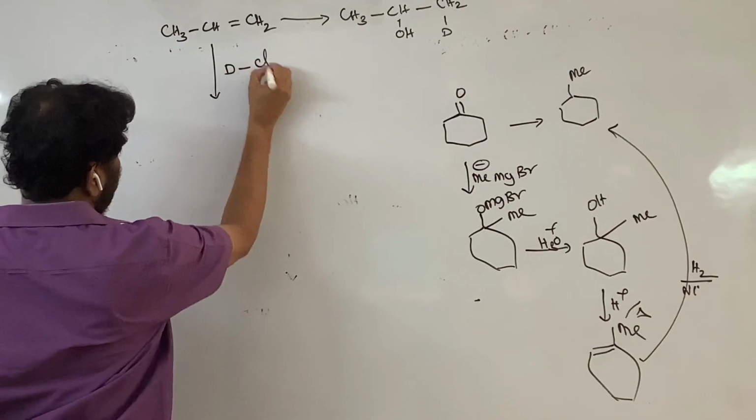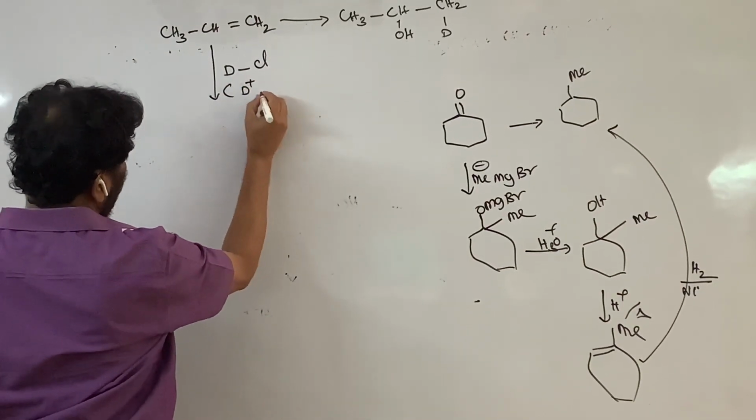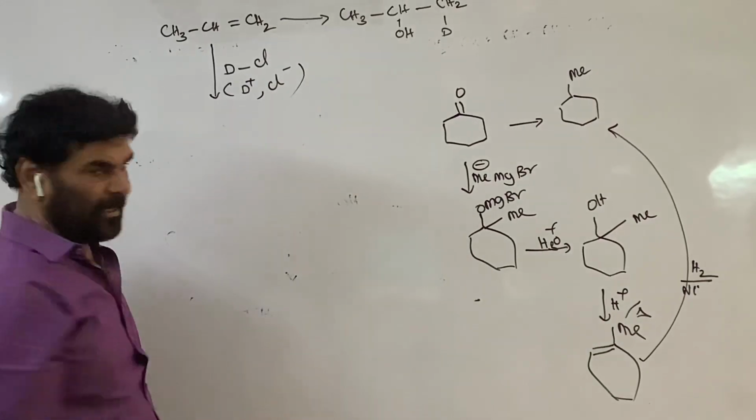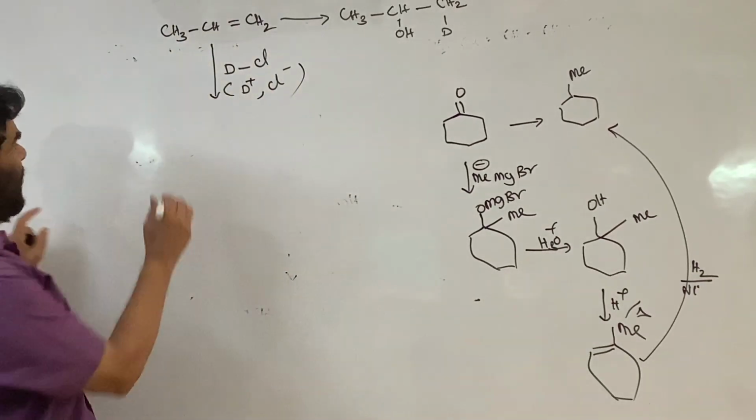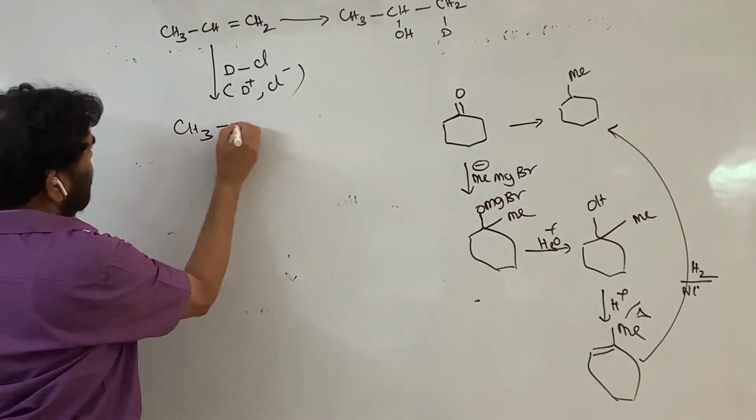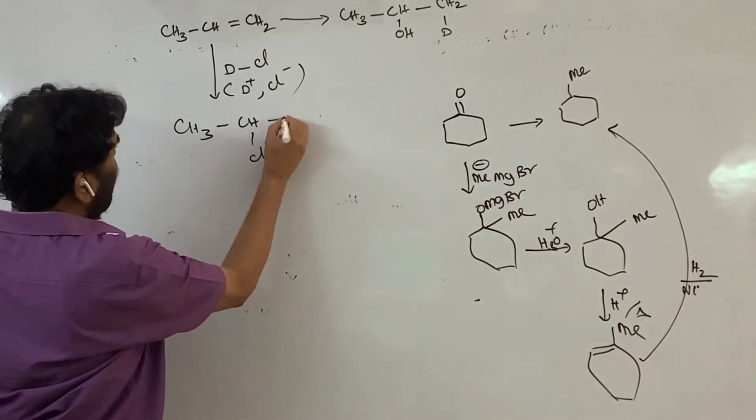Like HCl, DCl, D plus is the electrophile, Cl minus is the nucleophile. Markovnikov addition takes place.